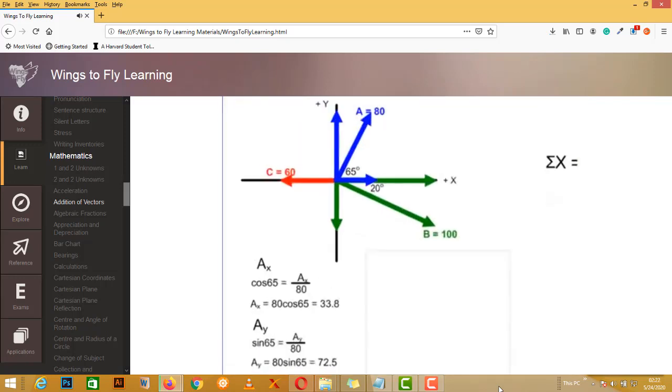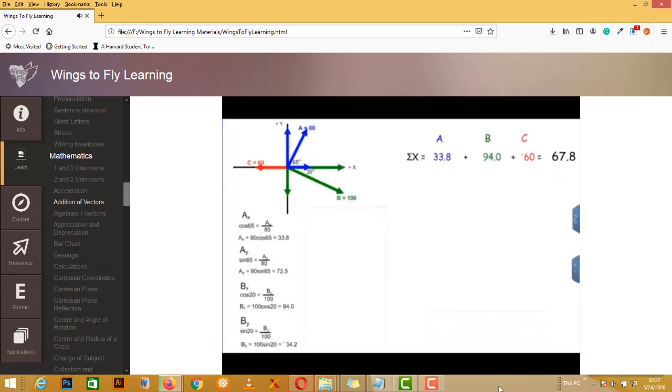If you look at the y component of vector A, A sub y, you'll see that sine 65 is equal to the opposite leg over the hypotenuse. The opposite leg is the y component of vector A. So solving for that, you get A sub y is equal to 80 sine 65, 72.5.